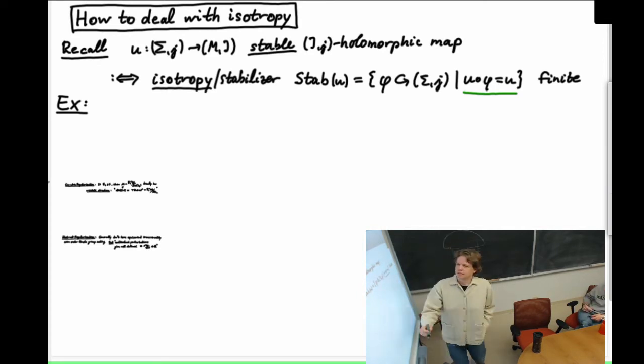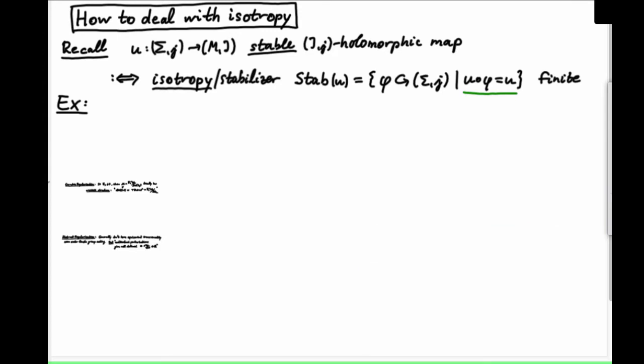So, right. An example where that happens is, let's see, I want to look at multiple covers of simple spheres. This P1 is my surface, and then there's another P1, that's my symplectic manifold.